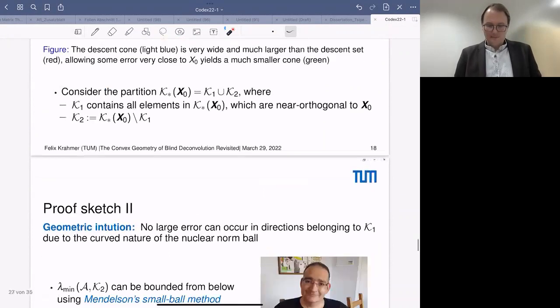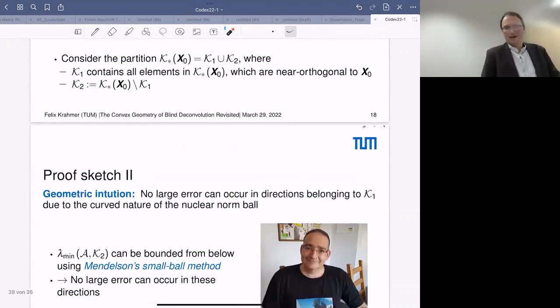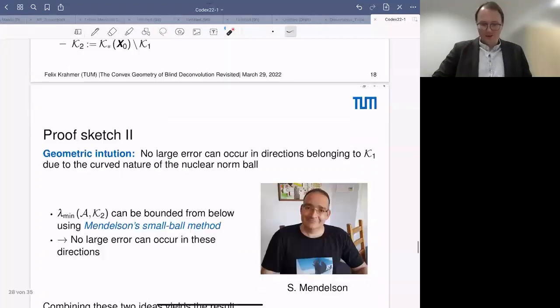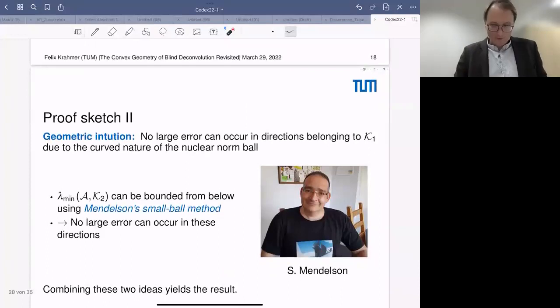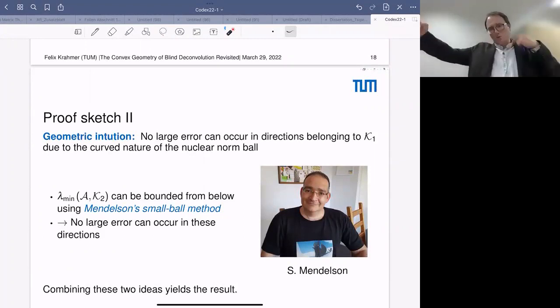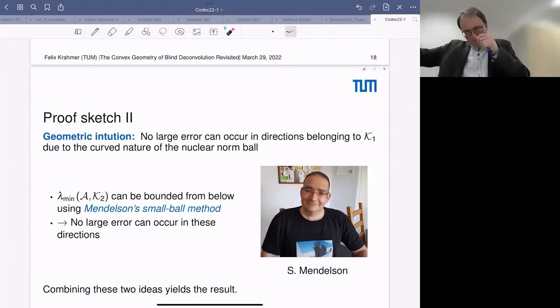When we are in this part of the near orthogonal elements, then we have to use the fact that the nuclear norm is curved. And then we can use Mendelson's small ball method. Basically, we can only go a small step. There may be bad directions we can go, but we can't go too far.